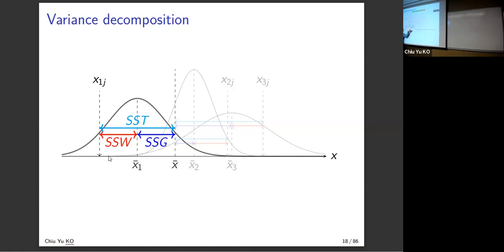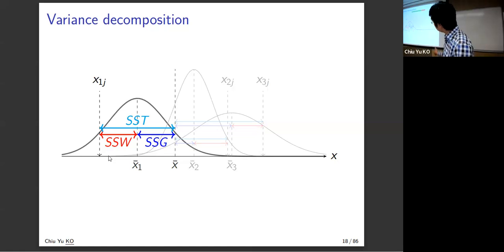But the distance from this to its own group mean is called SSW, within group. And from each group mean to the grand mean is called SSG. So basically we decompose the total: from the observation to its group mean is SSW, and from its group mean to the overall mean is SSG. Of course, this is not the proof, which needs the math, but it is intuitively decomposed. That is the variation.